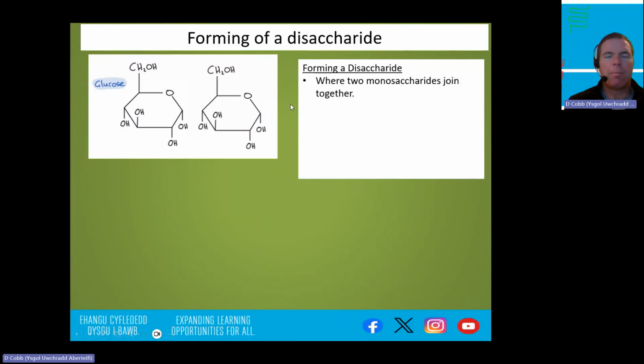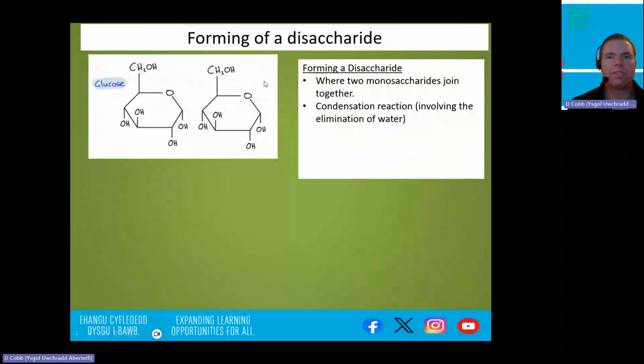Here's another alpha glucose drawn next to it. So to form a disaccharide, we've got to join these two molecules together. When this happens, it's referred to as a condensation reaction, and any condensation reaction involves the elimination of water. Water is H2O.